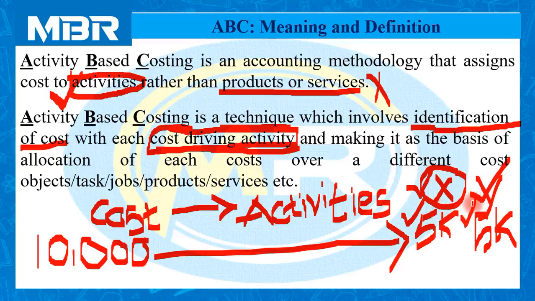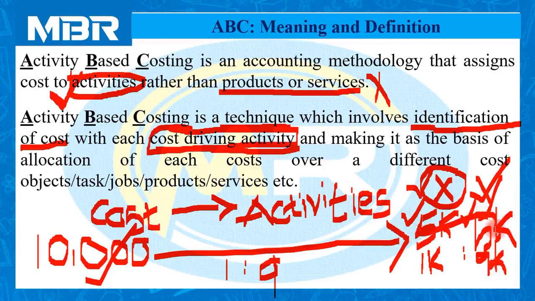Logically, we have to think that the proportion of advertisement for product X and Y is 1:9. It means when we give one advertisement of product X, we give 9 advertisements of product Y. So these 10,000 are required to be distributed in X and Y like this: 1,000 to X and 9,000 to Y. So this is a justifiable approach.